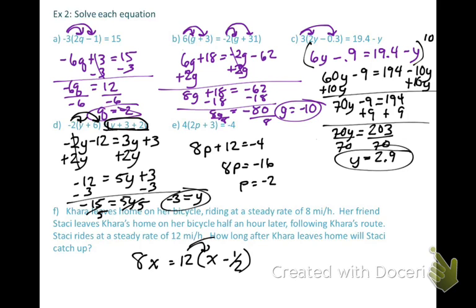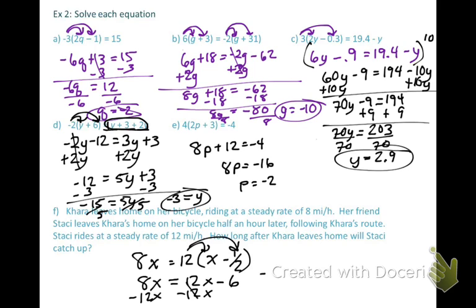So we're going to distribute the 12. So it's going to be 8x equals 12x minus 6. This time 8x is lonely, so you have to bring the 12x over.